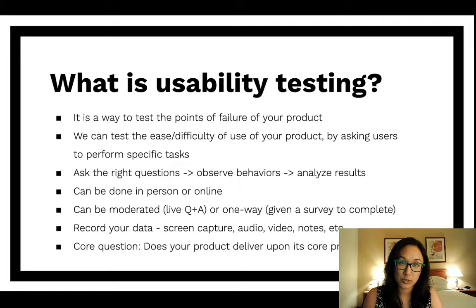So what you want to do is that, essentially, for the product that your team has designed. In order to do that, we need to first ask the right questions so that we get the answers we need to move forward with our design work. After we observe the behaviors as a group, we can then analyze the data together and come up with a set of recommendations and solutions.